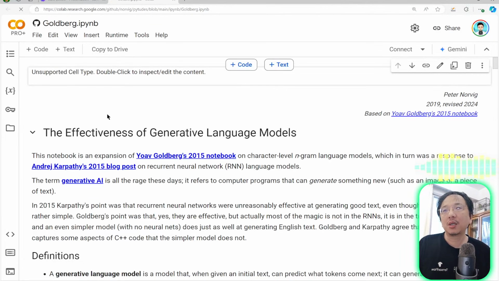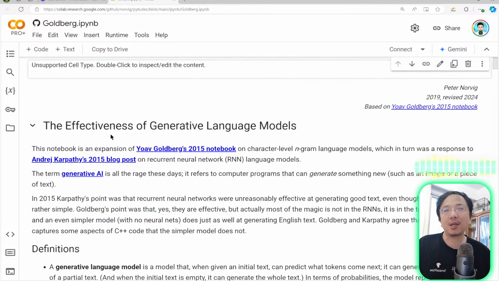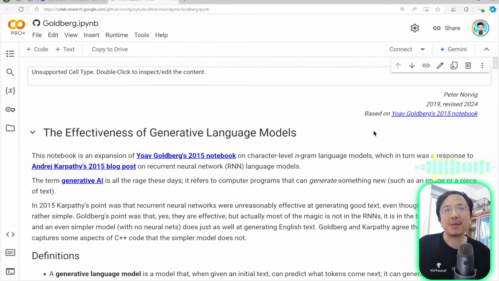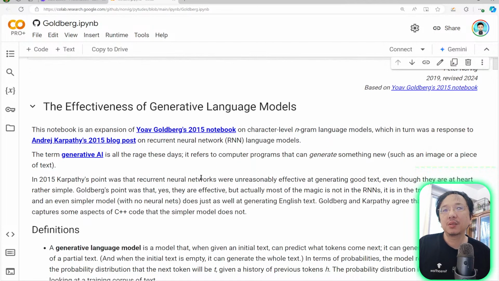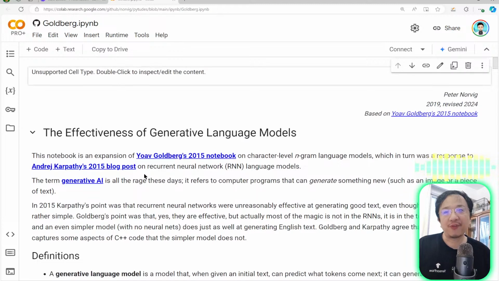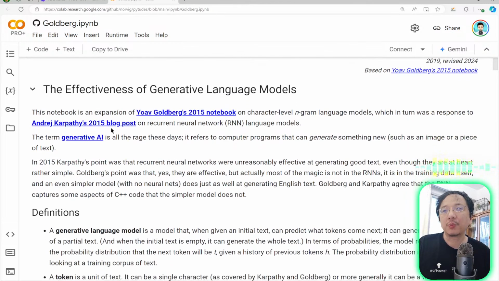Okay, so this is an enhancement or expansion, modified version of the first one by Peter Norvig, which is quite famous. Also, it is a modified version of the 2015 notebook, which is a response to the Karpathy's 2015 blog post.